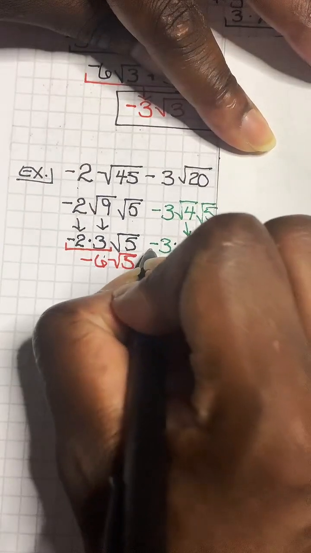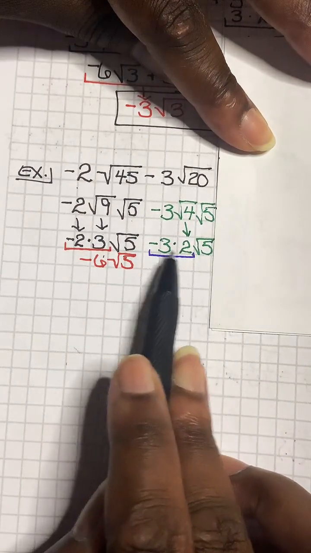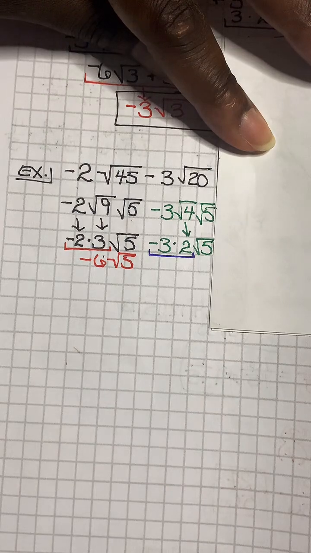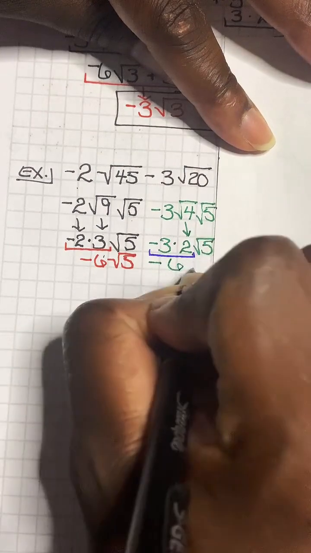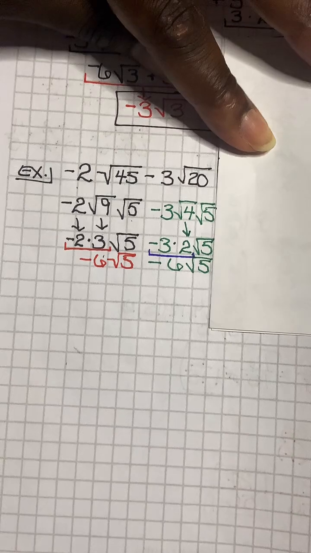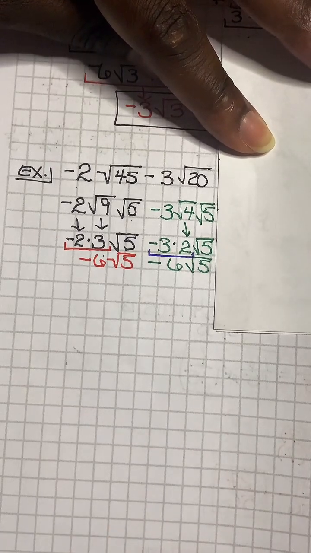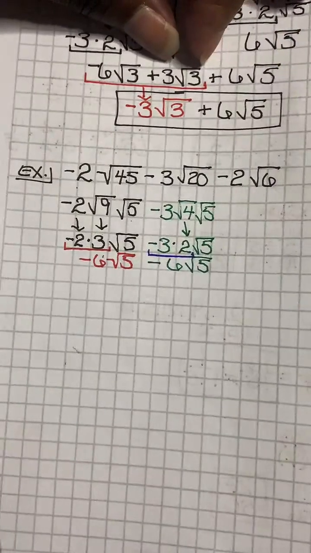So here I can multiply the whole number with the coefficient. And this also gives me a negative 6 square root of 5. All right, good. Seeing a couple people following up. Awesome. So now we're getting to the last part.